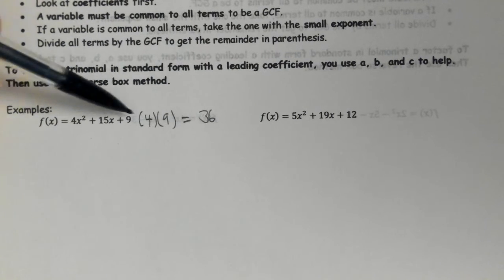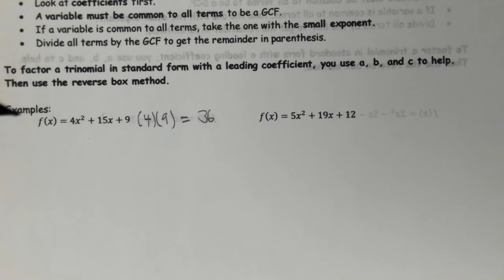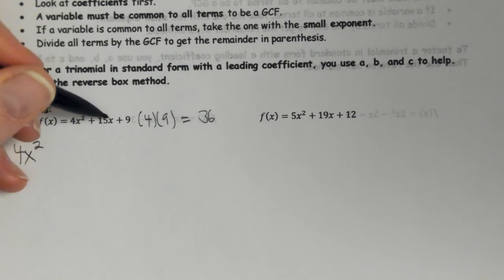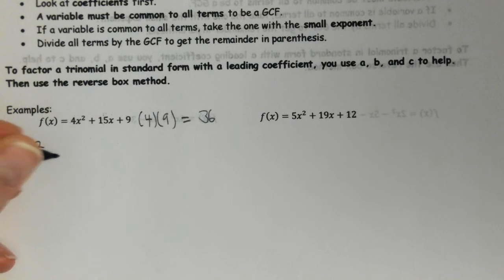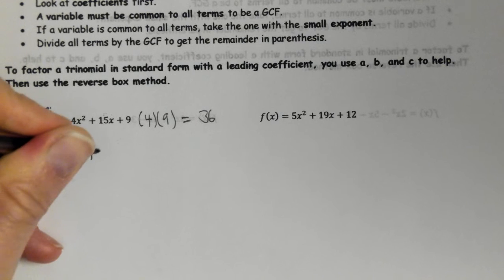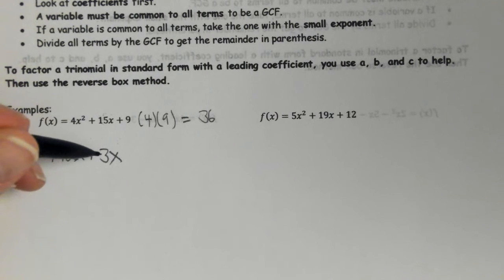So I'm going to split up this middle term, this 15x. So it's going to look like this. 4x squared is going to be the same. Now, instead of writing 15x, I'm going to write it as 12x plus 3x. 15x equals 12x plus 3x.